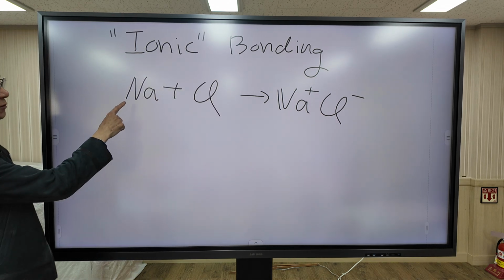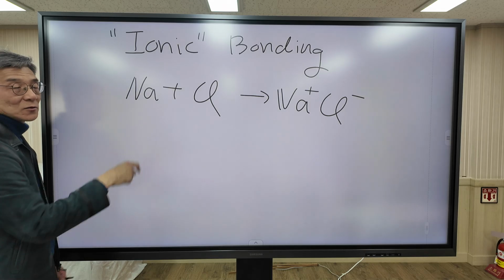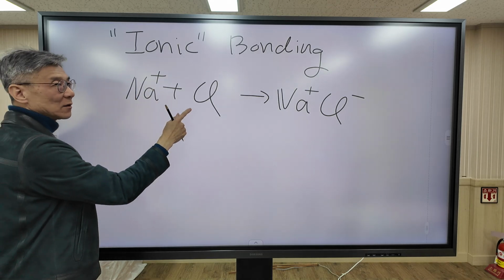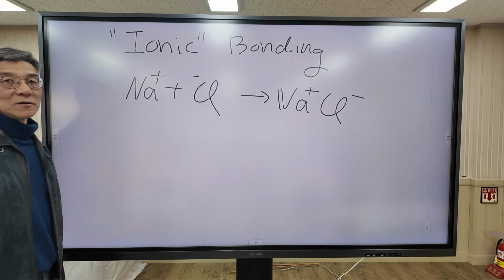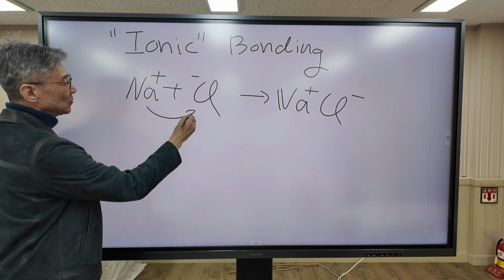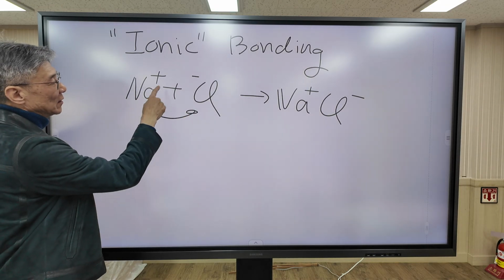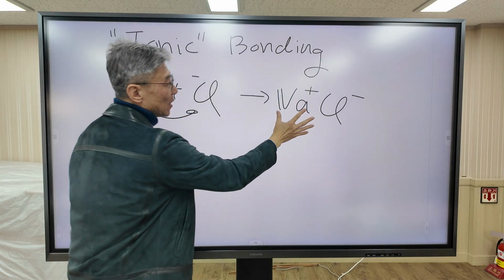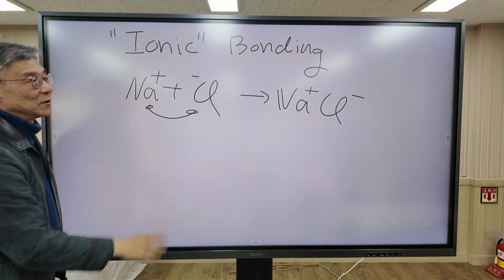As you know, a sodium atom likes to lose electrons to become a cation, while a chlorine atom likes to accept electrons. So these two ions, cation and anion, attract each other to form ionic bonding. So this is very, very simple.